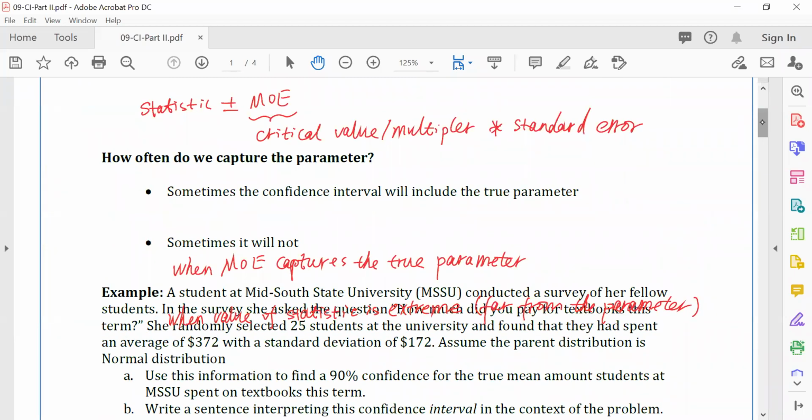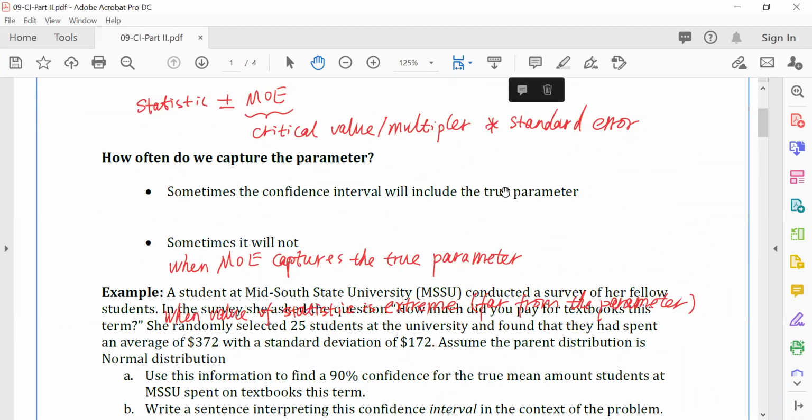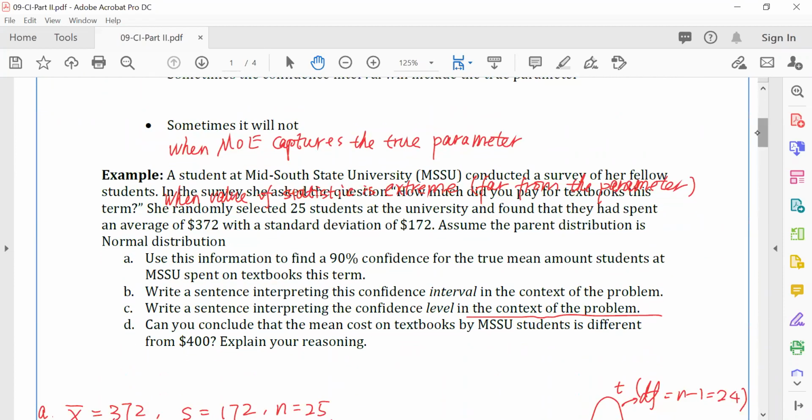So sigma is the population standard deviation. In this case, I don't know why my handwriting messed up here, but in this case, we don't know the population standard deviation.